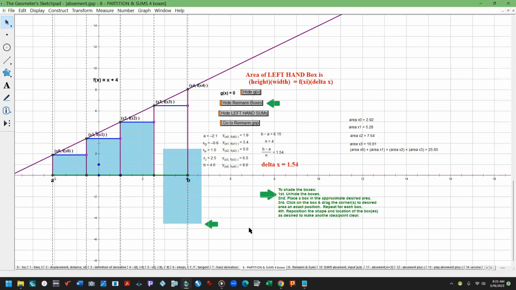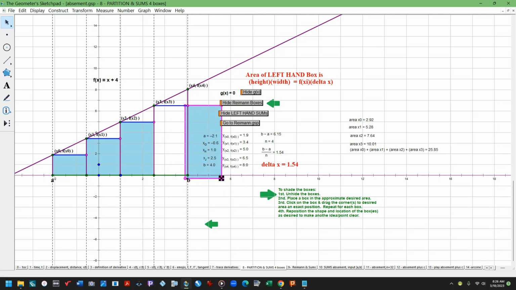In building for the antiderivatives, you need Riemann sums, Riemann boxes. Here's a box. I've placed these boxes so that you're using a left-hand sum. And I can move the boxes. And if I were good, I could adjust the height.